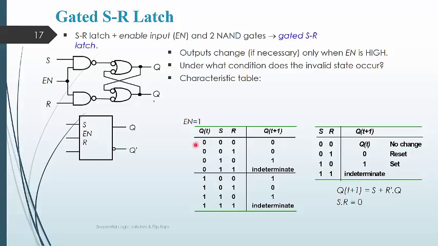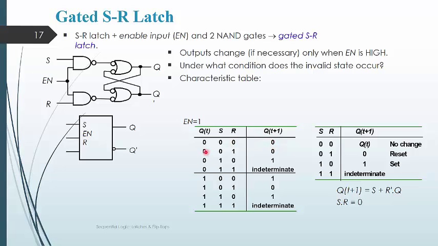If the present state output is 0 with the enable value as 1, then with the SR inputs being 0, 0, it is said to be the no change state with respect to this characteristic table. So here the Qt plus 1, that is the next state value, is also 0.